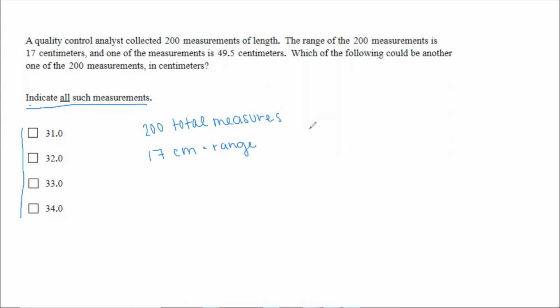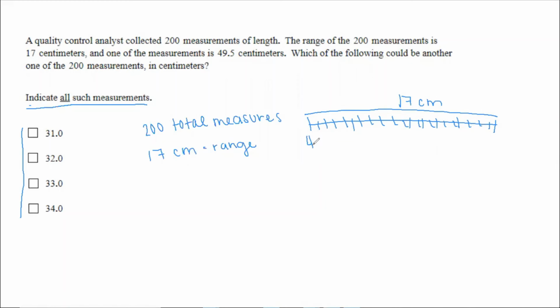So that means that if we were to just put this on a number line and we have this one, this one, this one, this one, and we have so many, let's just say that each one of these represents 10 because that's probably about 200, that from here all the way to here is 17 centimeters. So from the smallest one to the largest one is 17 centimeters. One of the measurements is 49.5 centimeters. So somewhere in here is 49.5 centimeters.